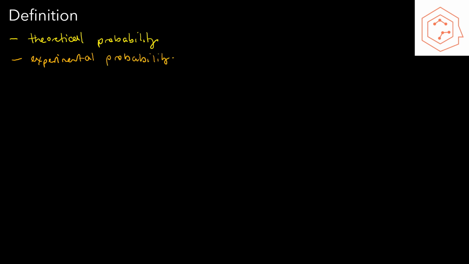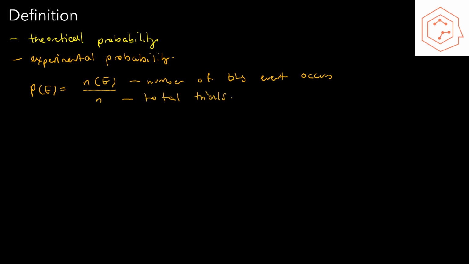So in that case, our experimental probability would be the number of times our desired event occurs, number of times event occurs, divided by the total number of trials for our experiment, or how many times we repeat our experiment. And this gets closer to the theoretical probability as the number of trials, or n, gets bigger.